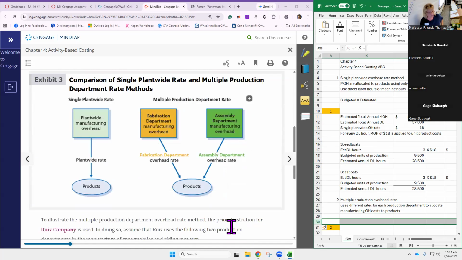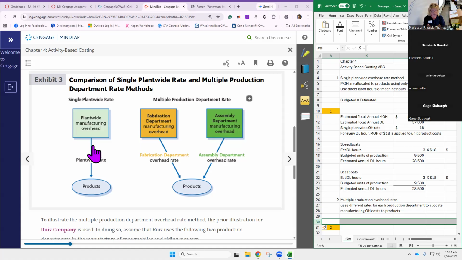So here you go. Here's a picture of this, right? Here's the one rate thing. And one rate is kind of like one size fits all. I'm sure you guys have seen clothes that say one size fits all. Does it really? No. Usually one size fits all doesn't fit all, right? Well, overhead rates are kind of like that too, because departments can be really different from each other.